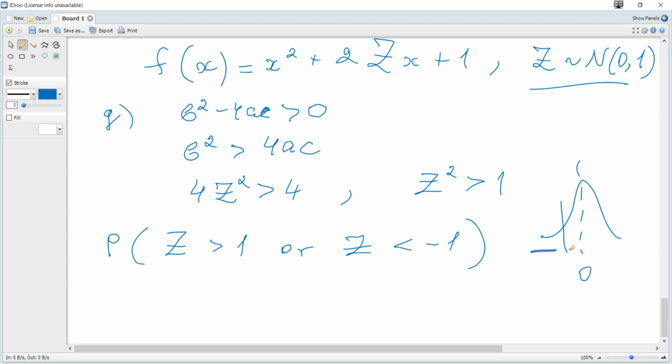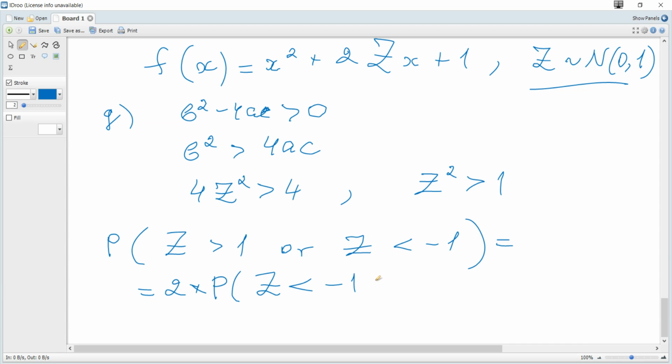So it's enough to find, for example, less than negative 1 and just multiply by 2. Let's write this: it becomes 2 multiplied by the probability of z being less than negative 1.